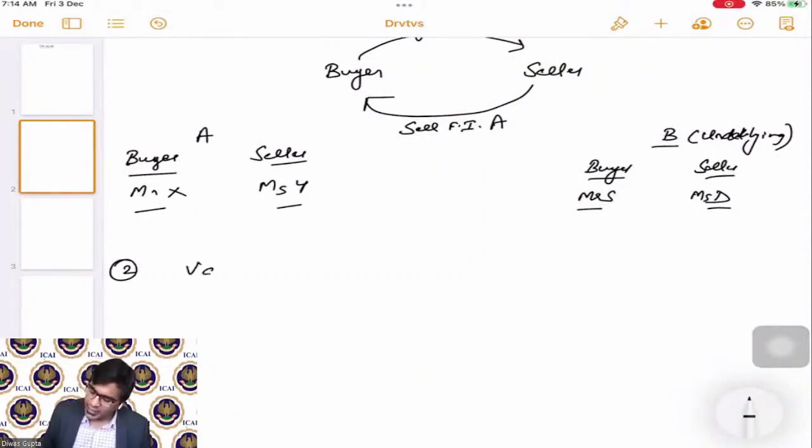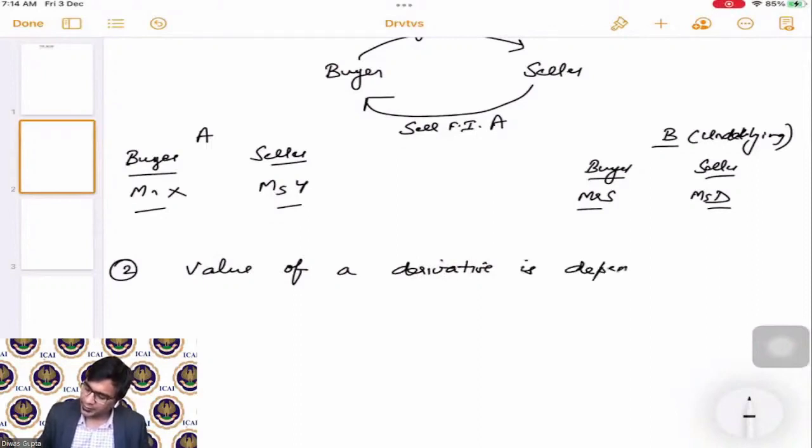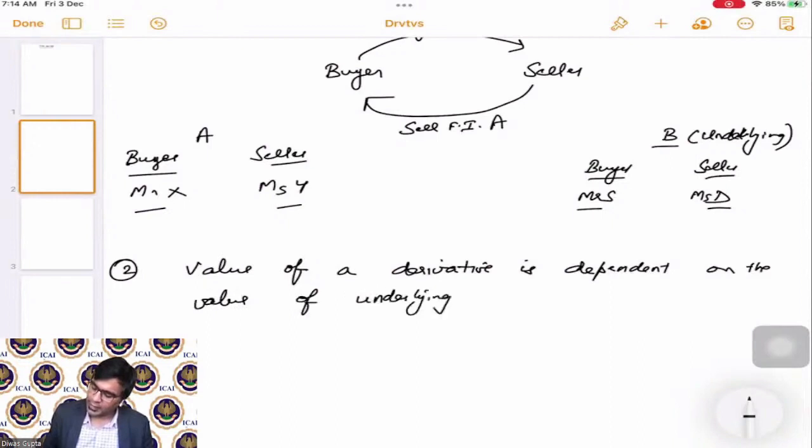This we have already studied: the value of a derivative is dependent on the value of the underlying.